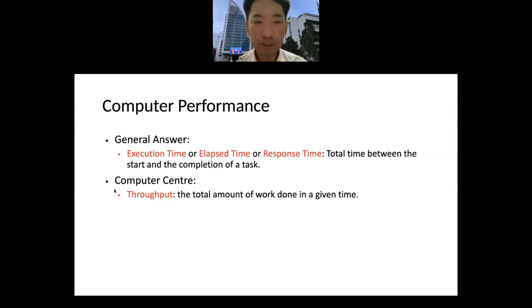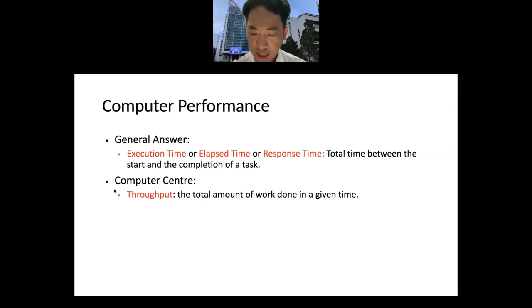That is the throughput that the computer center may be concerned with. But in our course, we are considering the first term here, the time that the computer uses to execute the job. But in the very last chapter that we are going to discuss in this course, we are going to discuss the CPU scheduler.